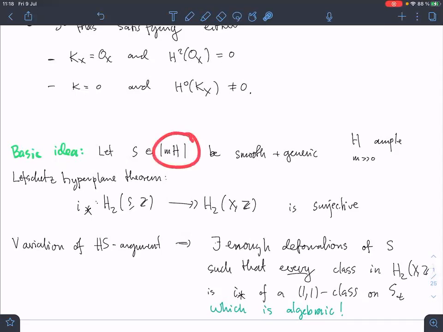If you take some ample divisor and some very high multiple, and take some smooth, generic surface in this linear system, then by the Lefschetz hyperplane theorem, we know that the push forward map from H2 of S to H2 of X is surjective. So basically you want to generate classes in here by algebraic classes.